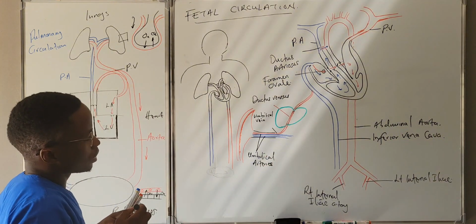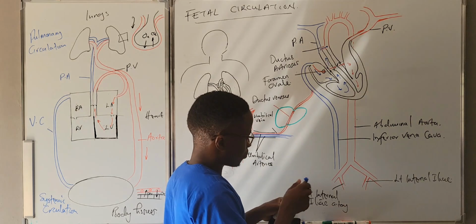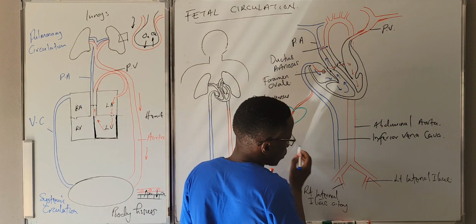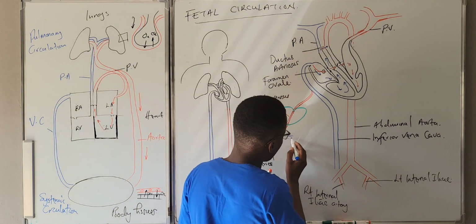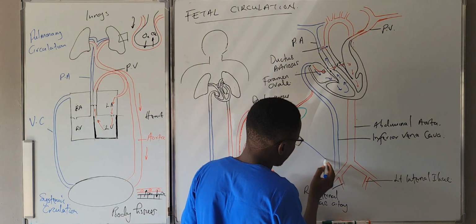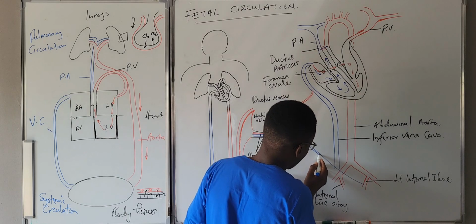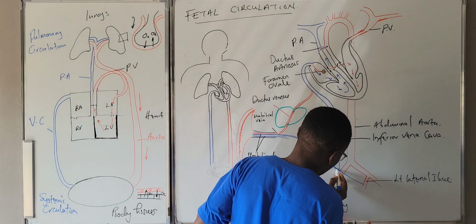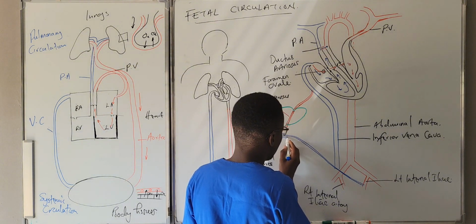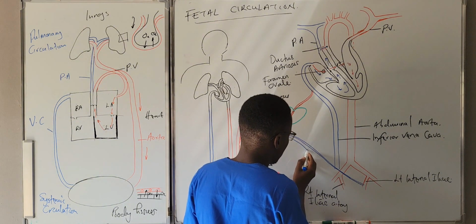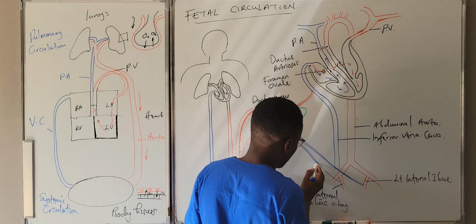The umbilical arteries branch from the internal iliac arteries. So one is coming from the left internal iliac artery, and another one is coming from the right internal iliac artery.